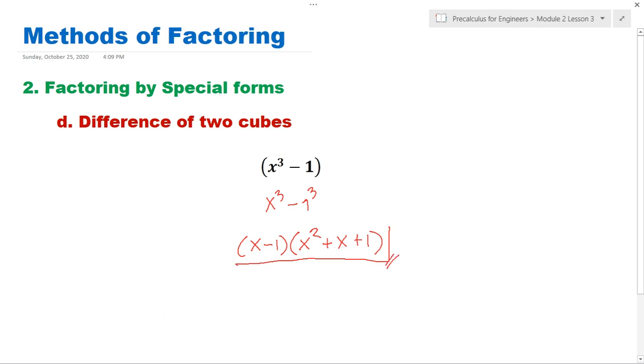So ganun lang. I-guess mo lang or i-judge mo lang whether the second term can be expressed as a cube of a number. If it's not, then maybe you need to factor out some common there, or maybe hindi pala siya under the difference of two cubes. So yun lang.